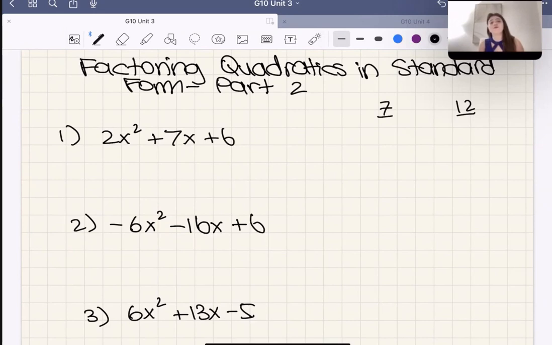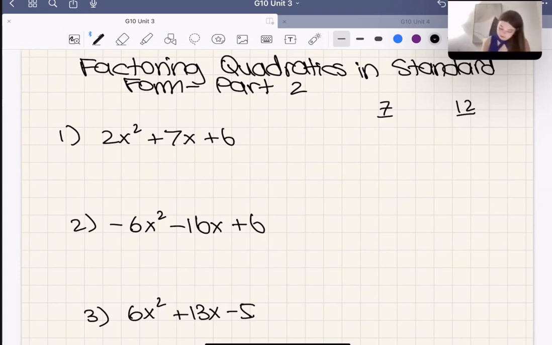There's only so many factors 12 can have, so it's much simpler to focus on that. Also, I want to note that 7 is a positive number, so I'm only going to put positive values here. I'm not going to bother with negative values because no two negative numbers are going to add up to a positive number like 7.